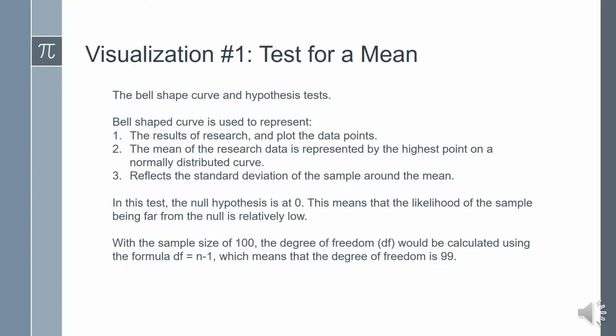In this test, the null hypothesis is at 0. This means that the likelihood of the sample being far from the null is relatively low. With the sample size of 100, the degree of freedom would be calculated using the formula. The degree of freedom is equal to n minus 1, which means that the degree of freedom is 99.